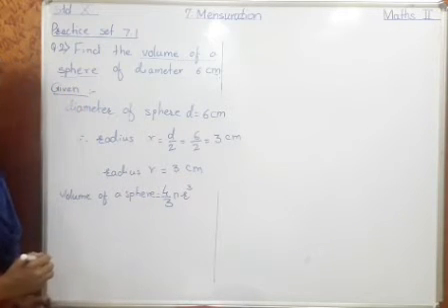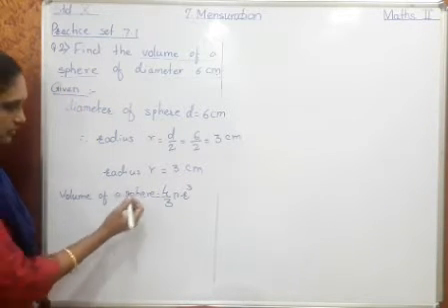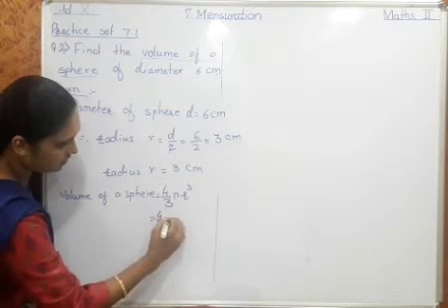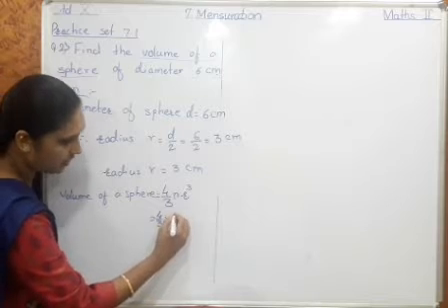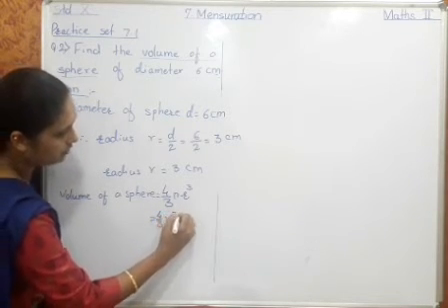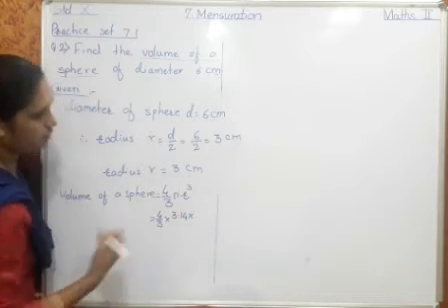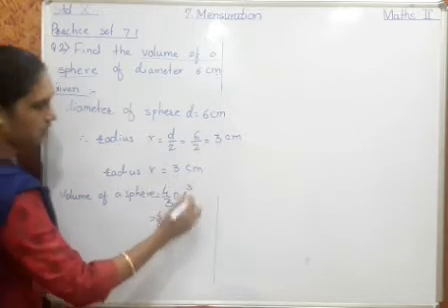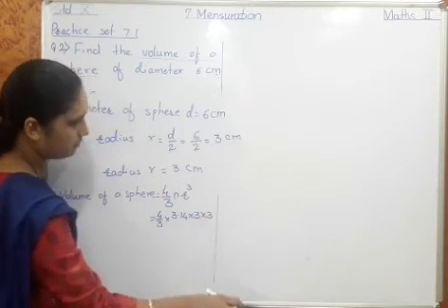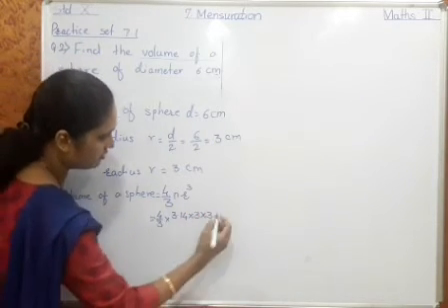Now we'll find 4/3 into the value of pi, this time we'll take 3.14, into 3 into 3 into 3, that is 3 times multiplication of 3.